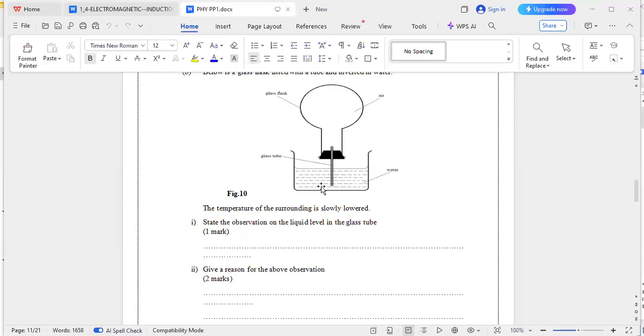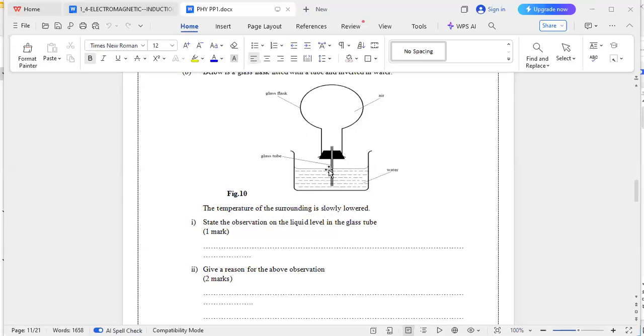Bubbles may be formed because glass contracts fast, forcing some air out. Then after some time, air contracts faster than glass, hence water rising up the tube. But since the question says we are cooling slowly, then we only have one observation.